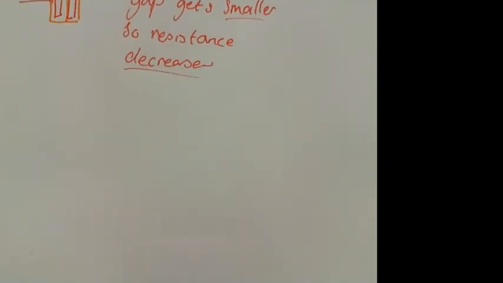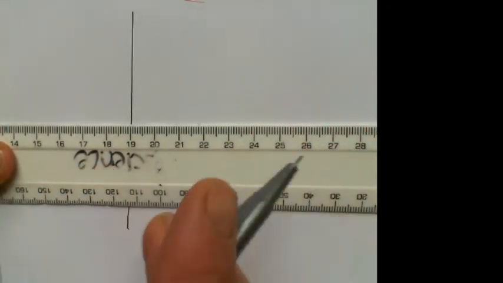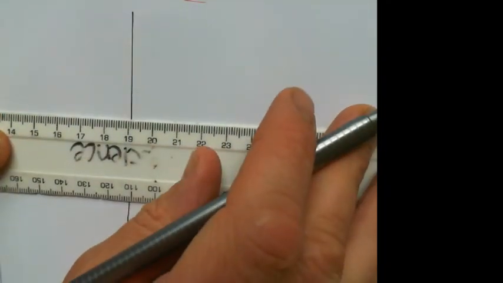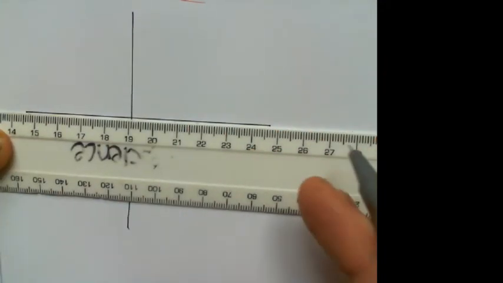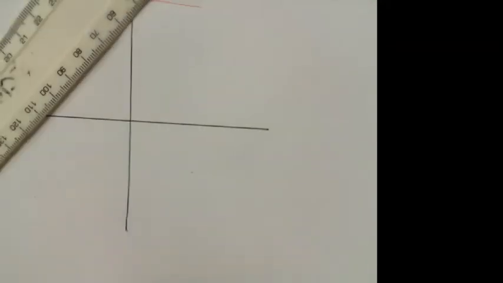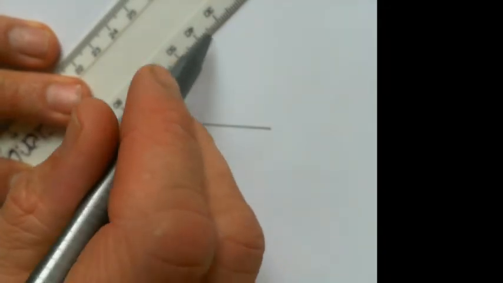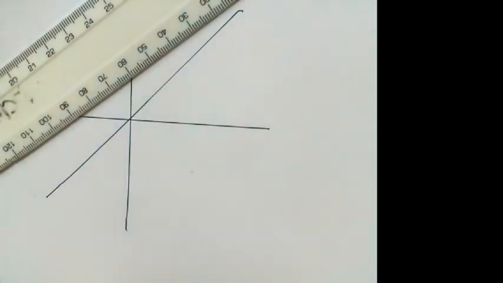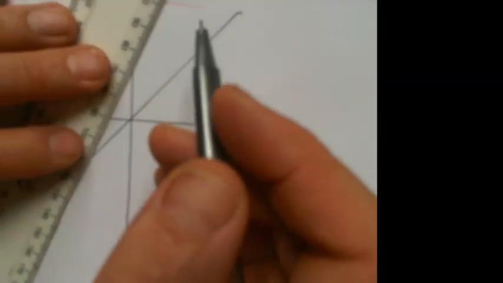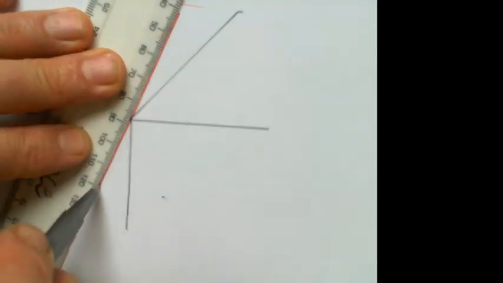Okay, so how does that look on a graph? Well, you should be able to tell me now. Got my normal IV. If the temperature stays the same, then they're just a normal resistor. If they're just a normal resistor, they obey Ohm's law. So that is at a constant temperature. That's my resistance. If I make it hotter, then the resistance decreases, so I get a steeper gradient.